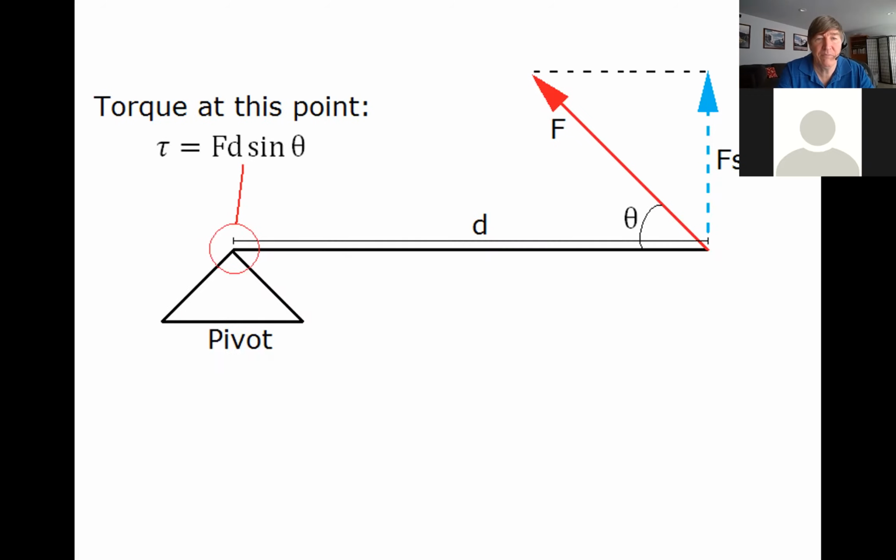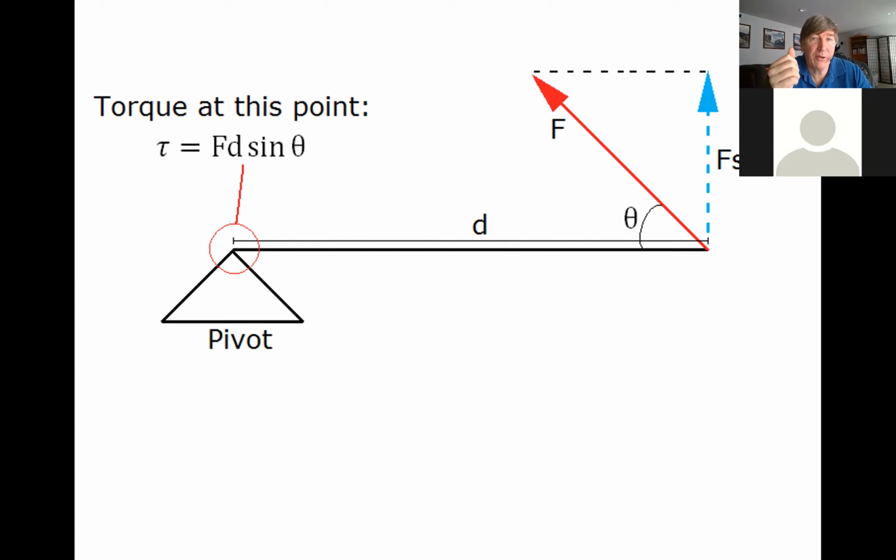And here is the official definition of torque. Right here, this is the pivot point. This is where the nut would be. This bar right here that has a length D, that is the handle of the wrench. And this red arrow here, that's F, that is the linear force of the hand pulling on the wrench.